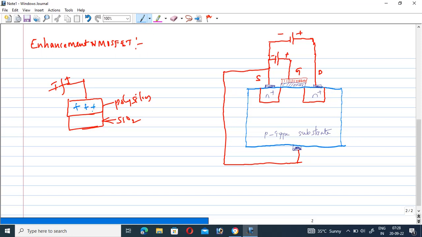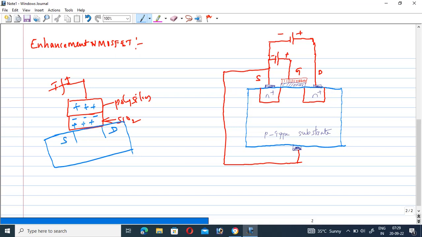Due to polarization, negative and positive charges are created on the silicon dioxide layer. When the positive voltage is created across the silicon layer, an electric field will be produced. This is the drain part, this is the source part.